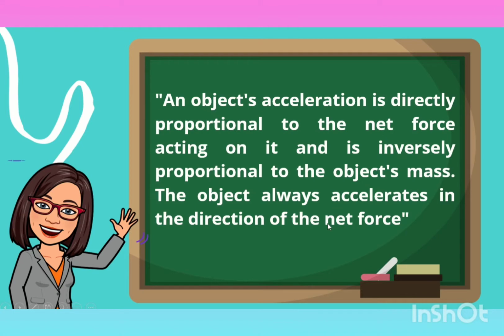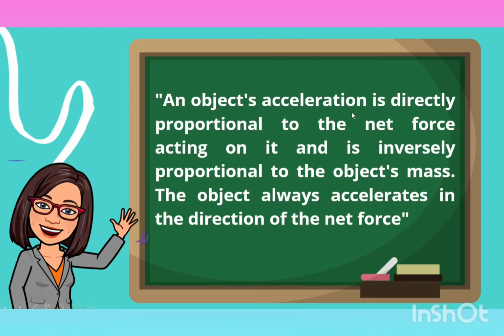In Newton's first law of motion, if the net force is equal to zero and the object is at rest, it will remain at rest. Whereas if the object is in motion, it will continue moving along a straight path. It will not speed up, it will not slow down for as long as there is no external force.